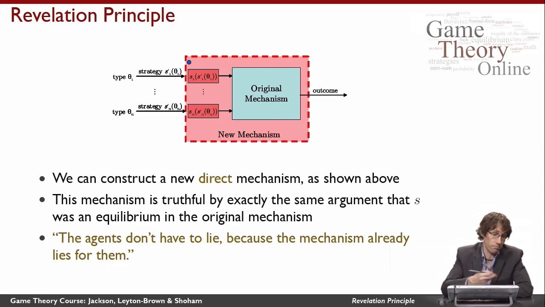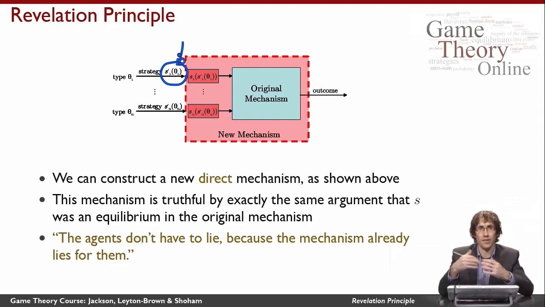They don't necessarily tell me the truth, but they tell me something. And then I take that type that they've declared. So let me first give a name to that. I'll call the policy that agent i has for declaring his type to me his strategy S prime i, which is a function of his true type, right? So he has some way of deciding based on his type how to reveal something to me. He'll come up with some type, which is a function of the real type that he has, but maybe it's not the truth. Maybe he'll tell me something else.